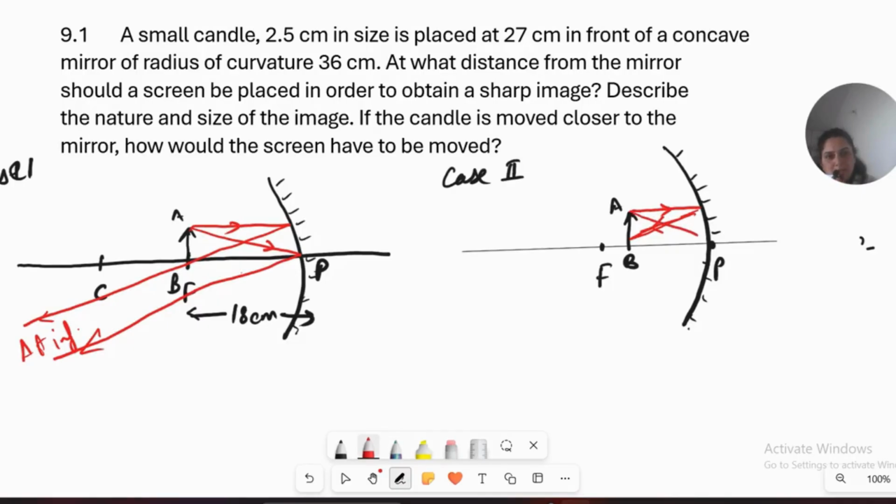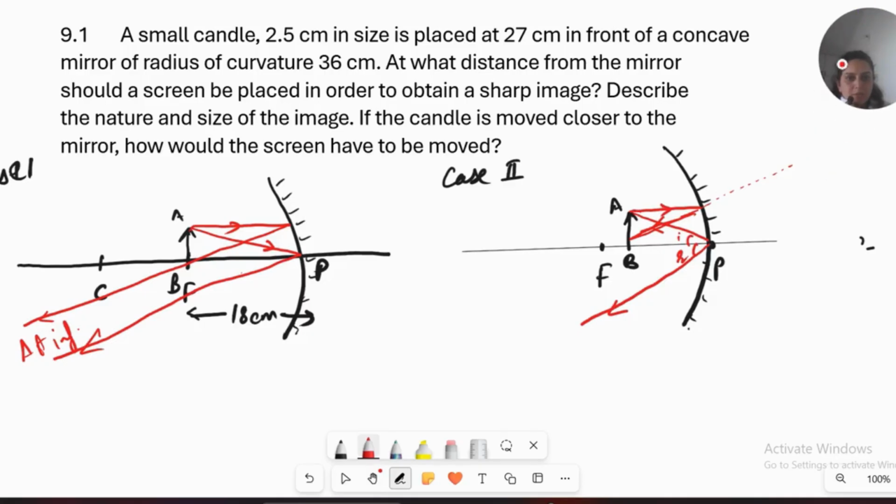The other ray will fall like this at P and follow the laws of reflection, i is equal to r, and we can extend both the rays virtually at the back of the mirror like this. And your image will be something like this. So in the second case, the image will be formed at the back of the mirror. It will be a bit magnified and it will be virtual.